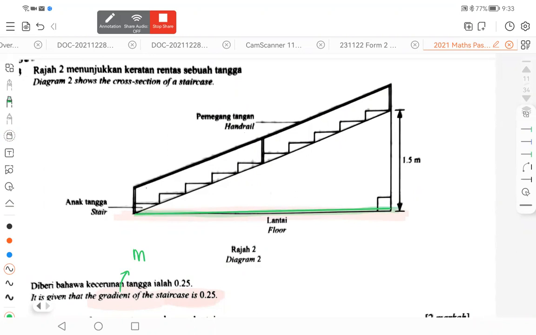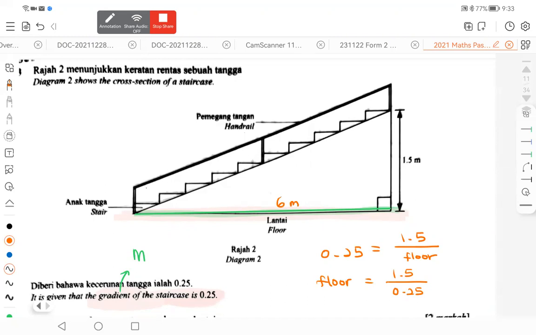Correct. So the gradient is equal to the vertical distance over horizontal distance. Meaning 0.25 equals 1.5 over the floor. Then the length is actually 1.5 over 0.25. Answer: 6 meter.